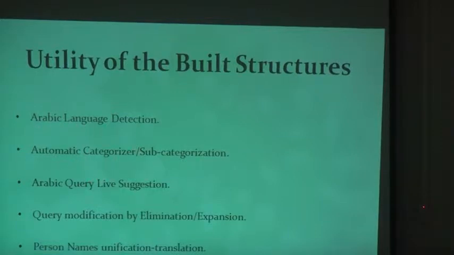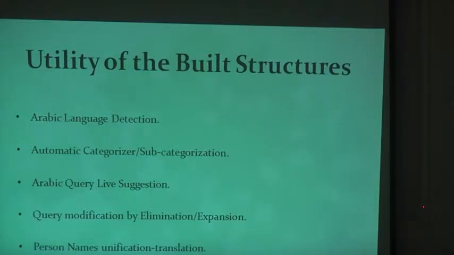We tried also to work with categorization and sub-categorization. So basically, categorization meaning assigning a certain category to a text. Sub-categorization meaning that once you know the category of that text, can you be more specific?